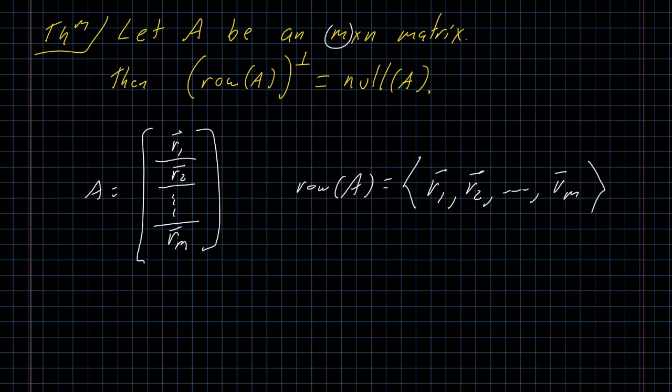It's an M by N matrix, so we have M vectors in Rn.